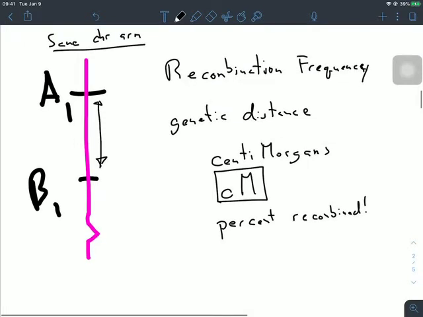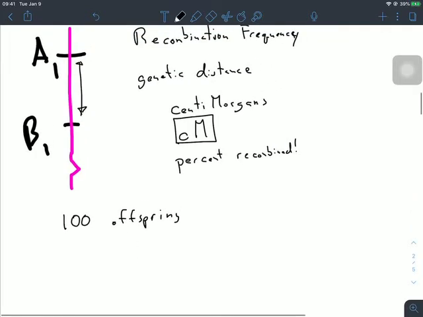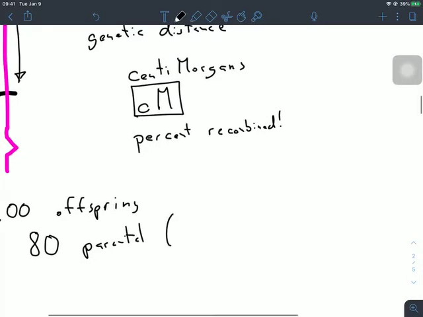So, in a hypothetical situation, if I have 100 offspring, and I notice that 80 of them are the parental types, meaning in our example here, either the A1, B1, or the A0, B0.